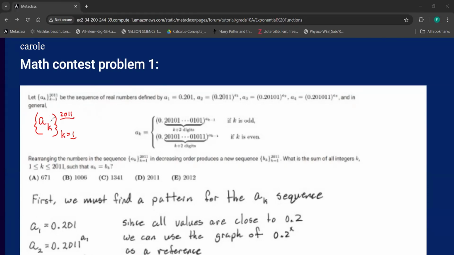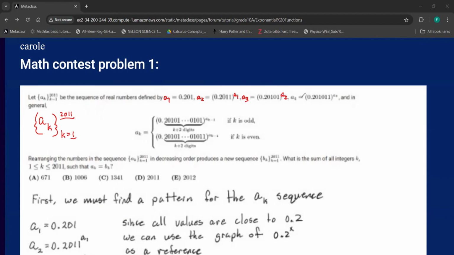So let this be the sequence of real numbers defined by a of 1 is equal to 0.201, a of 2 is equal to 0.2011 to the power of a1, and then a3 is equal to 0.20101 to the power of a2.